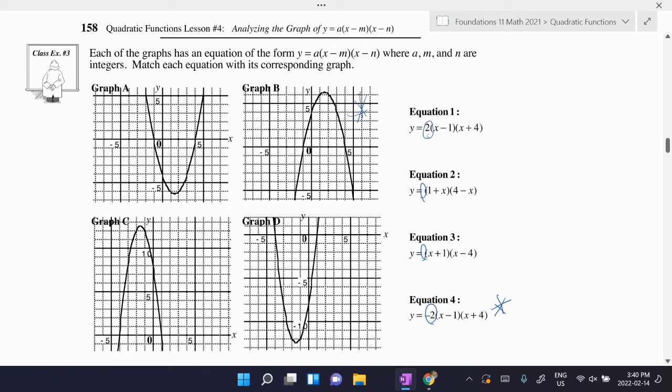This one's going to be negative, graph B, and also graph C. So that should immediately tell you in your brain, something's not right. So this one's in the right form, x, x. x is positive here, x is negative here. Okay, so we're going to have to fix that. Positive, positive, positive, positive.